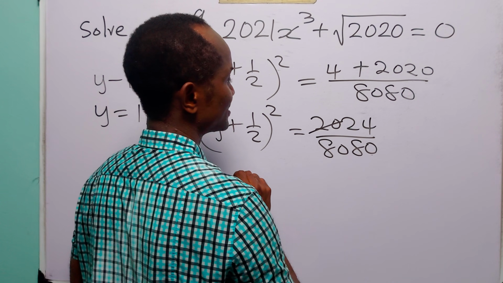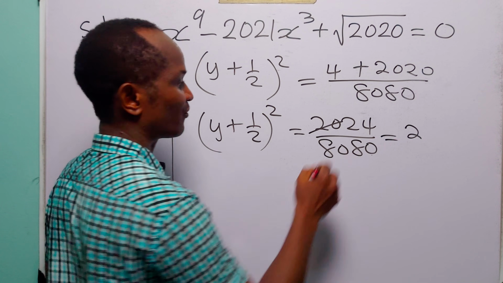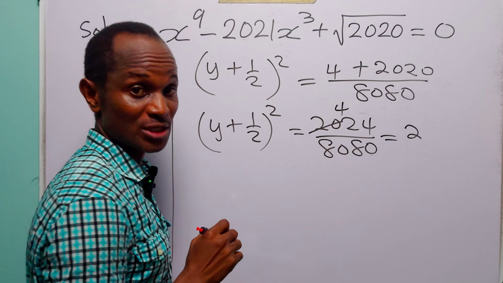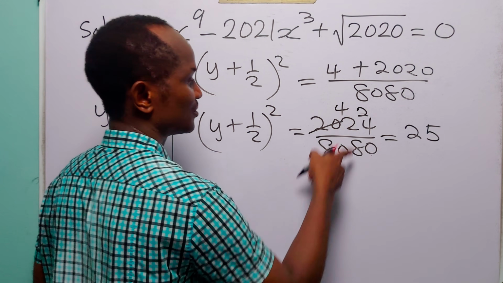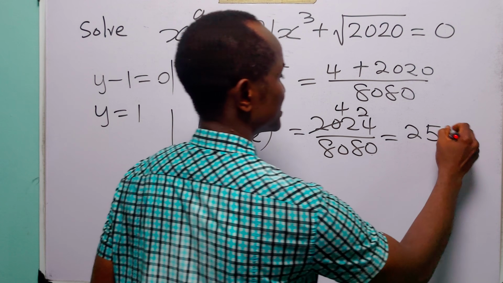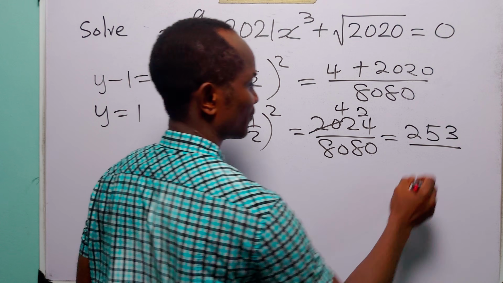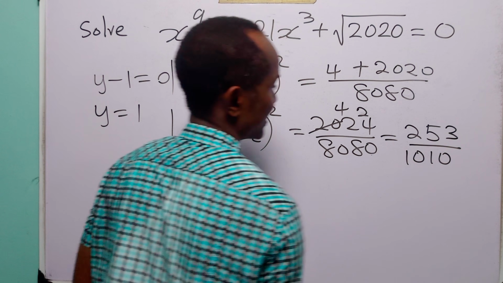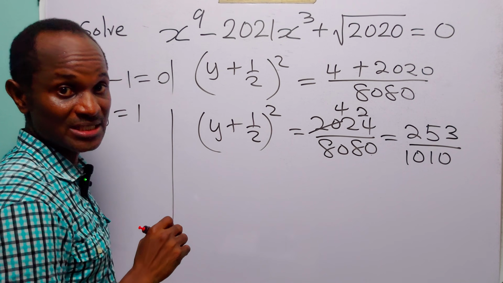8 into 20 is 2, 16, remainder 4. 8 into 42 is 5, 40, remainder 2. 8 into 24 is 3. And 8 into 80, of course, is 10. Now, the final thing to do is to take the square root of both sides of this equation.